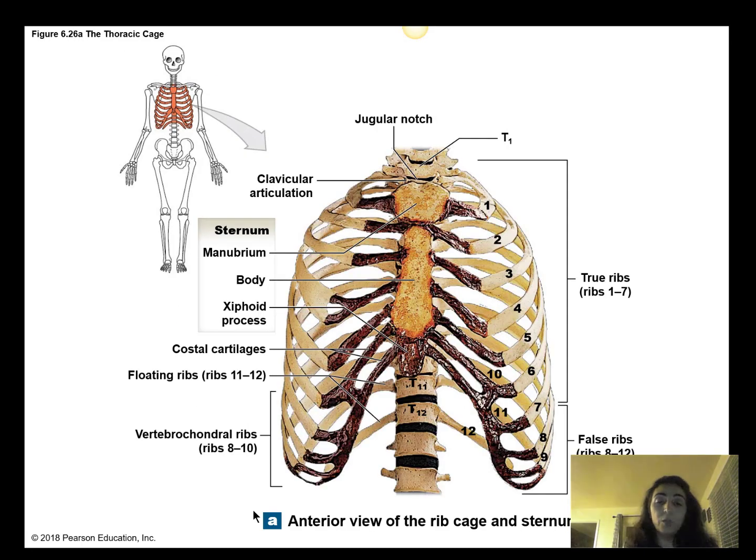So here you can see the picture of those ones. This is the whole thoracic cage, or sometimes we call it the rib cage. And here you see that you have the sternum, which we are going to talk about with all the parts that it has, and the ribs, from pair 1 on both sides, 2, 3, 4, 5, 6, 7, each one of which has a cartilage.